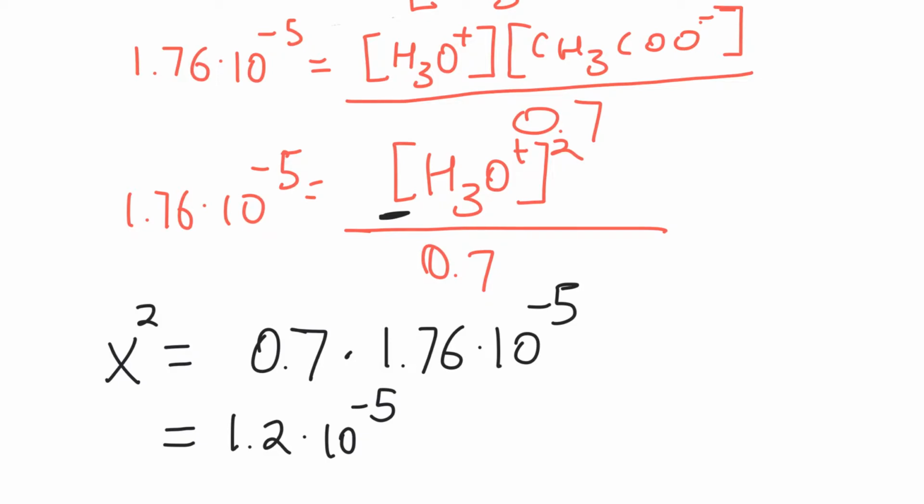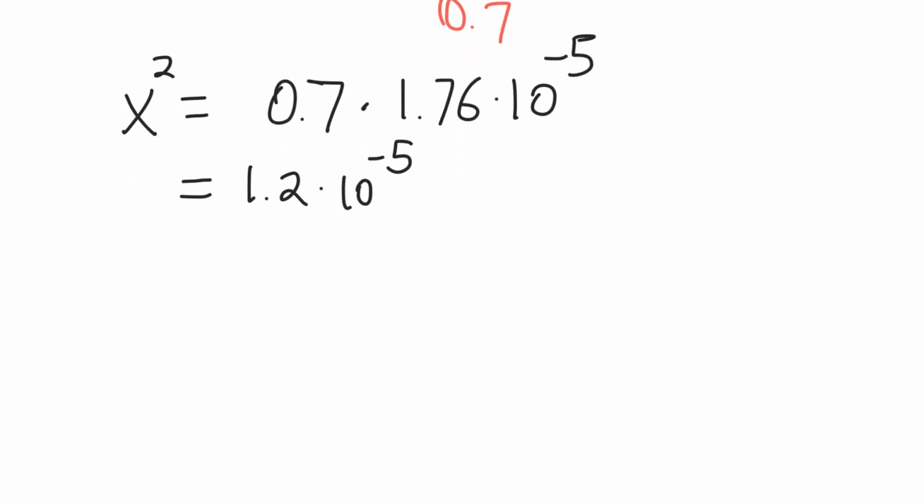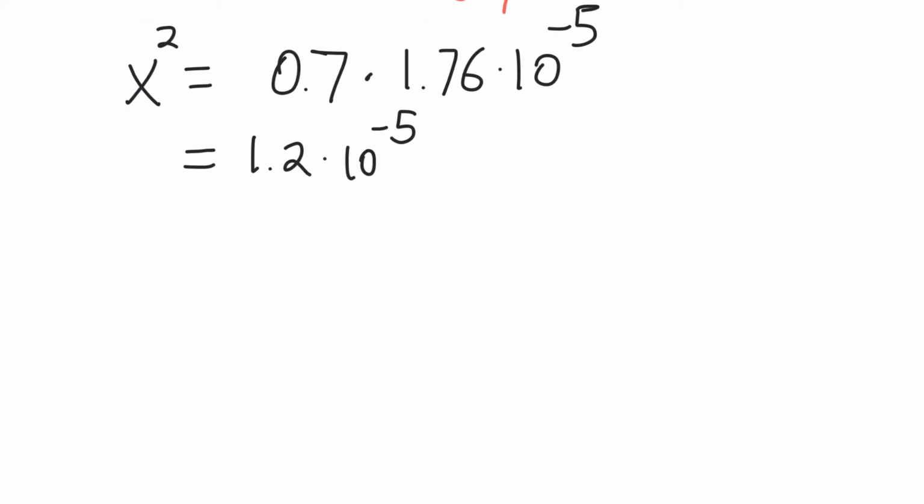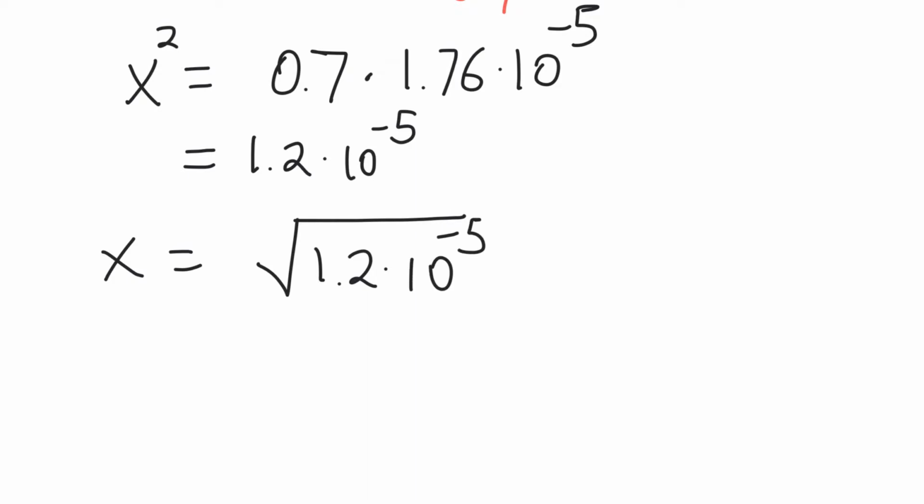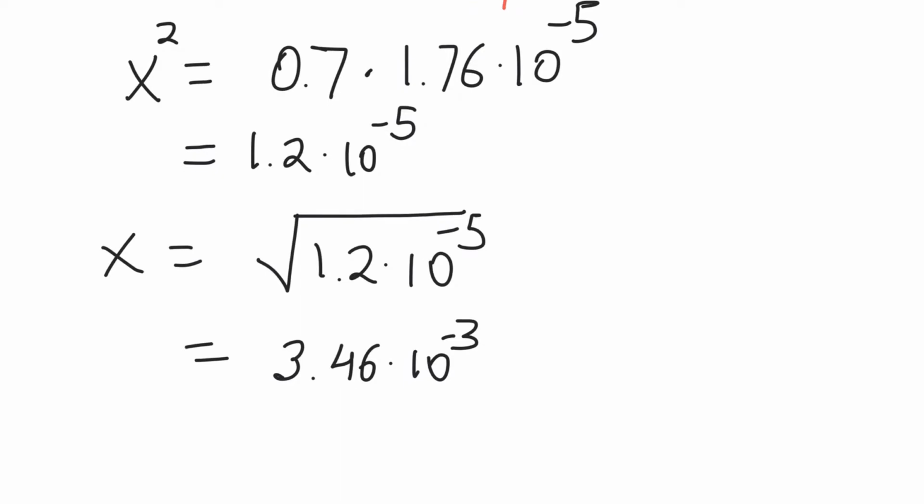Now it's important that you remember that this is the value of X squared, which means if you want to find the value of X, you will have to take the square root of this number. So X would be equal to the square root of 1.2 times 10 to the negative 5. And that gives me 3.46 times 10 to the negative 3.